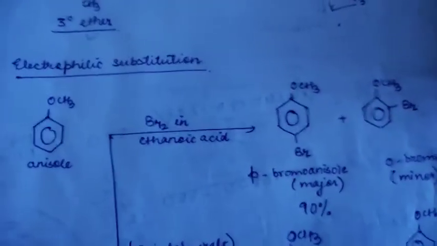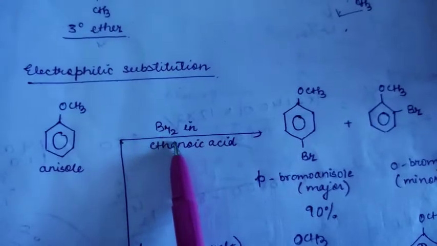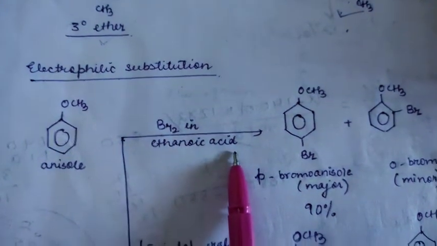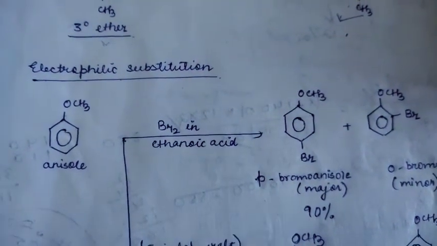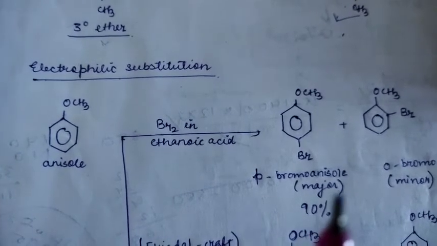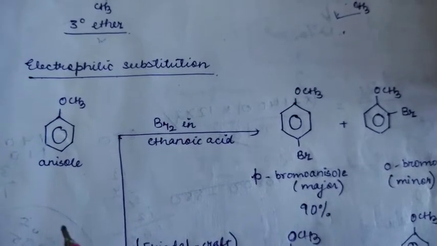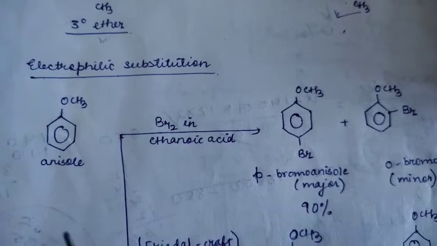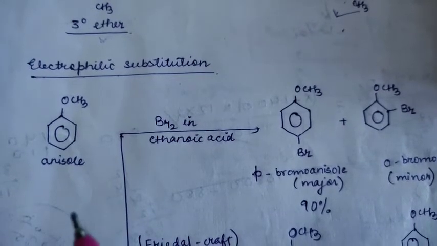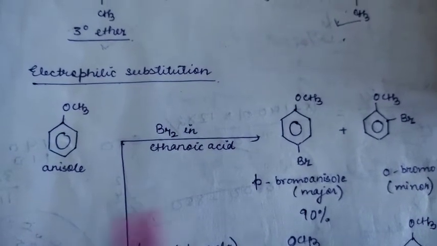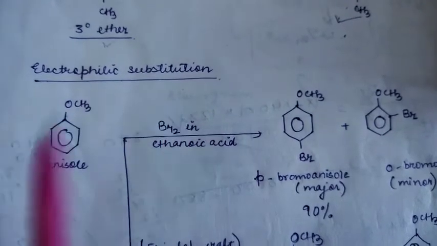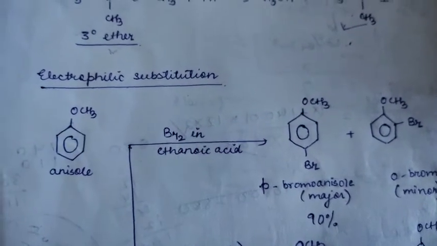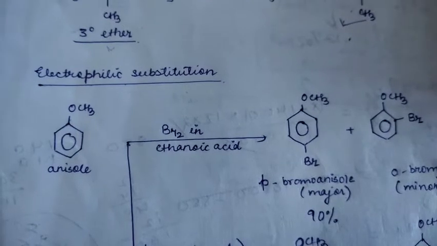When anisole is reacted with bromine in ethanoic acid, obviously you know by now that para and ortho positions are the active sites, so the reaction will occur at the para and ortho positions and not at the meta position. Because what is electrophilic substitution? Incoming electrophiles. Electrophiles means electron deficient.